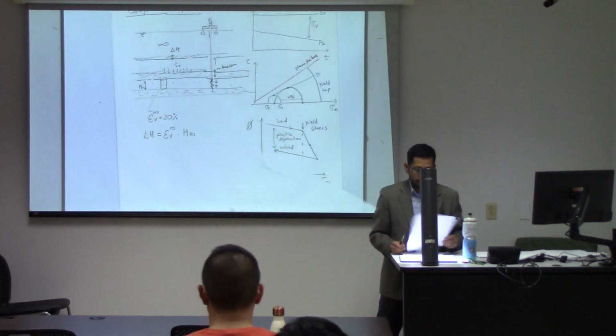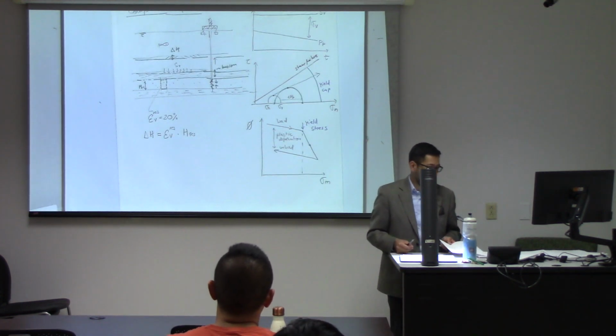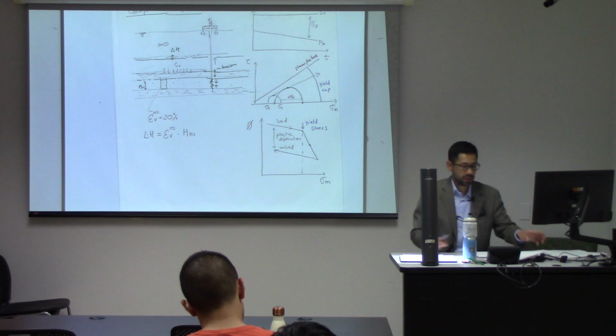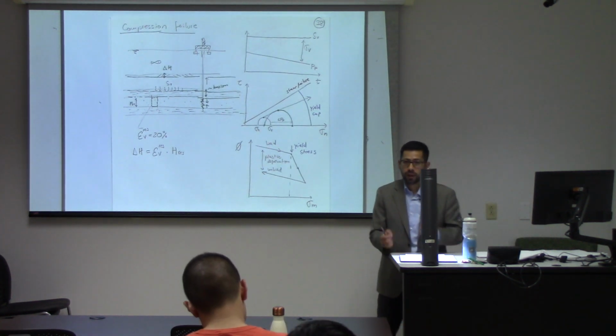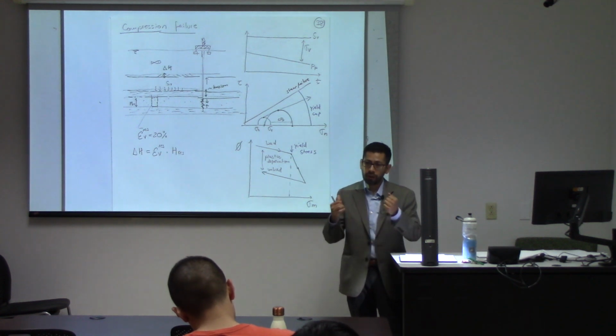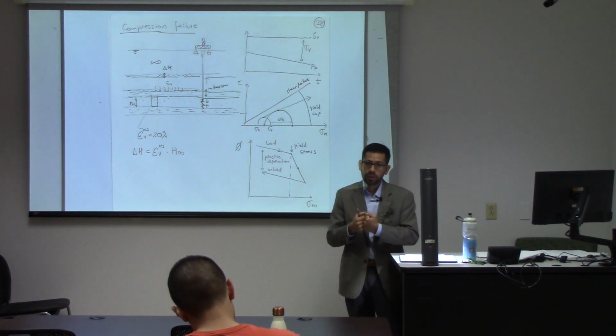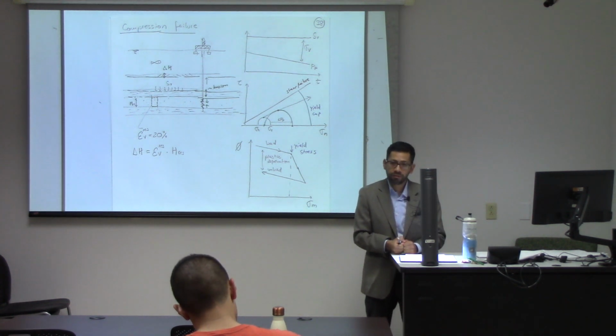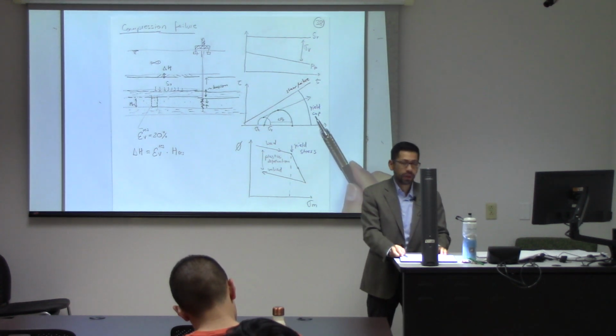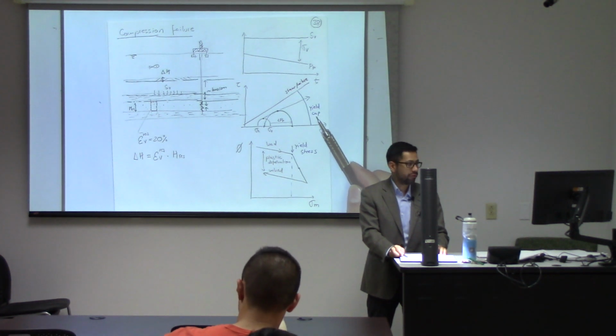Okay, and then we talked about another very important topic, which is compression failure. We talked before about tensile strength, how rocks can fail in tension. We talked about shear failure. And there is one more type of failure, which is compression yield or compression failure.